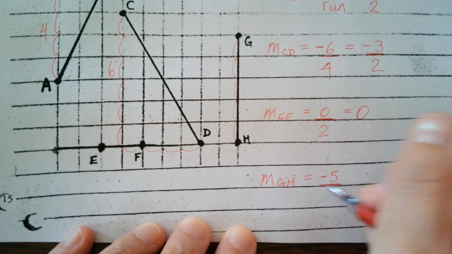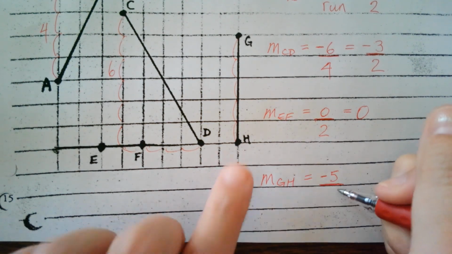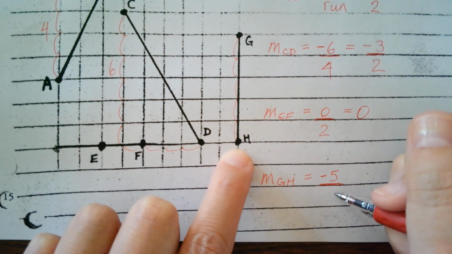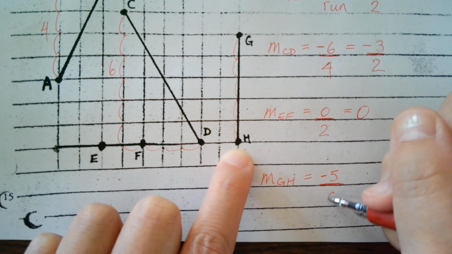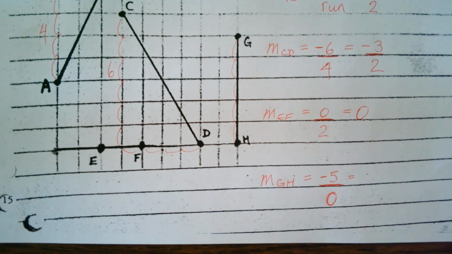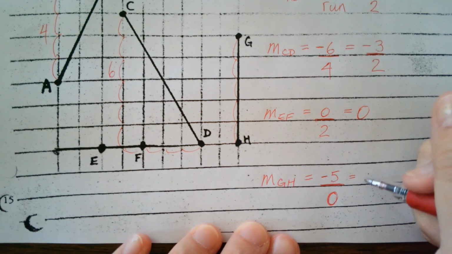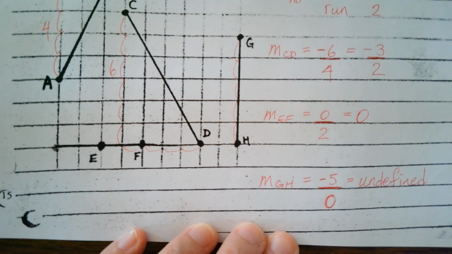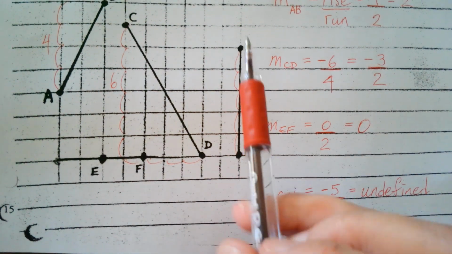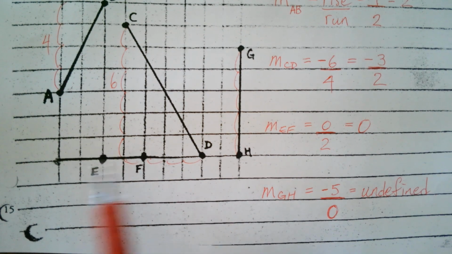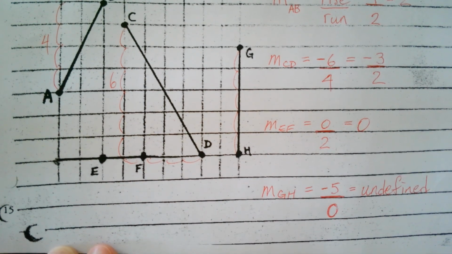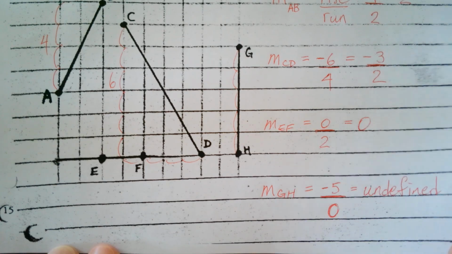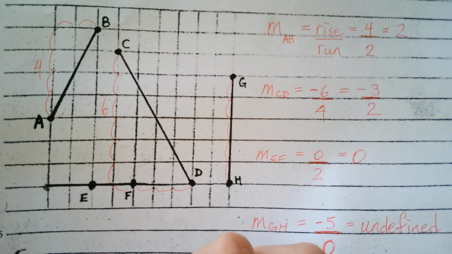And once that elevator opens, oh, hi, Henry. Henry's in the elevator. So what's my run? 0. Try it on your calculator. What's negative 5 over 0? Math error. Undefined. And so that's why vertical lines are undefined. Horizontal lines, zero. Any questions so far? Okay, makes sense. So next time you go in the elevator, you're gonna think about slopes.